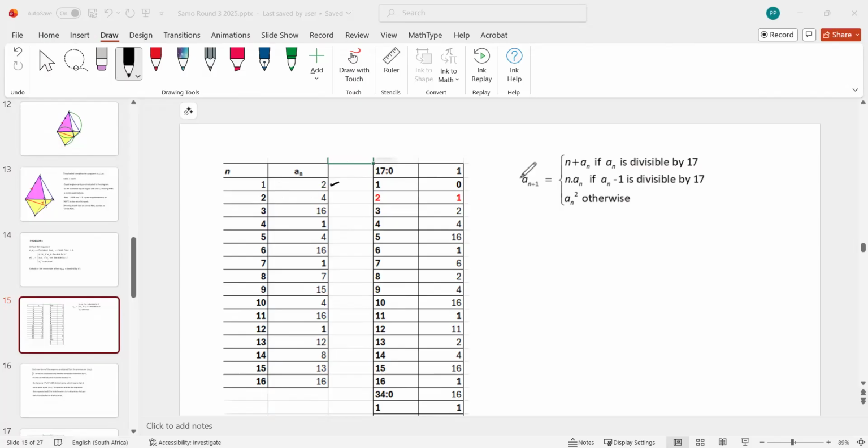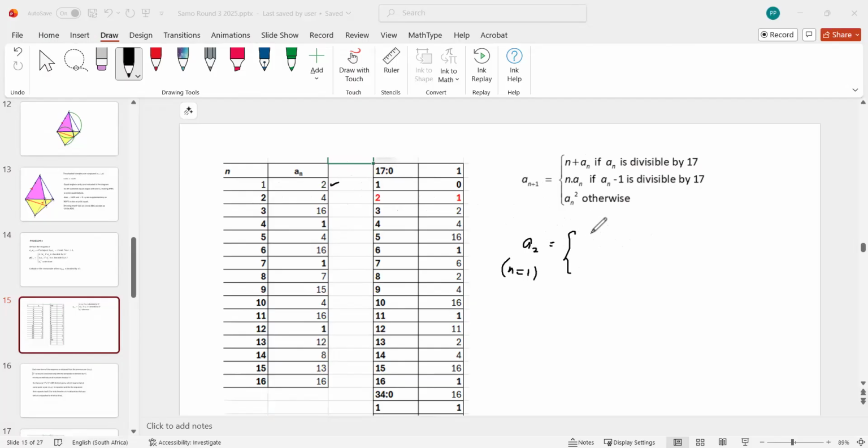Now I'm looking at a_2. This is your a_(n+1). So n is 1 in this case, a_n is equal to 1.